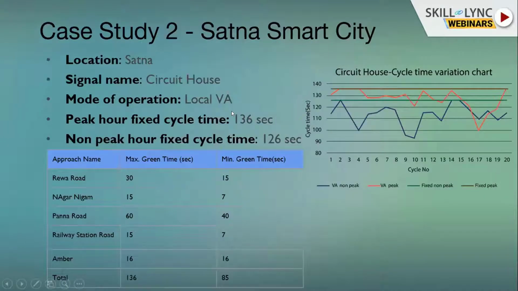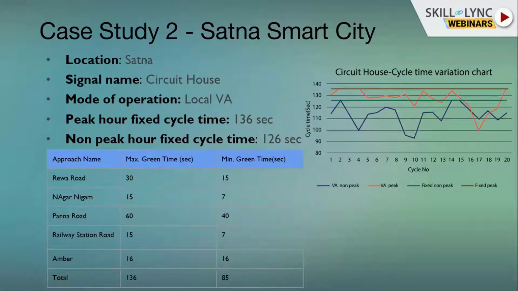Now let's see the second case study, where I already told you the difference between vehicle actuation and fixed timings. If you fix some timing, you have a constant signal timing for peak hour and non-peak hour. Let's say for peak hour we have gone with 136 seconds, and for non-peak hour the timing is somewhere around 126 seconds.